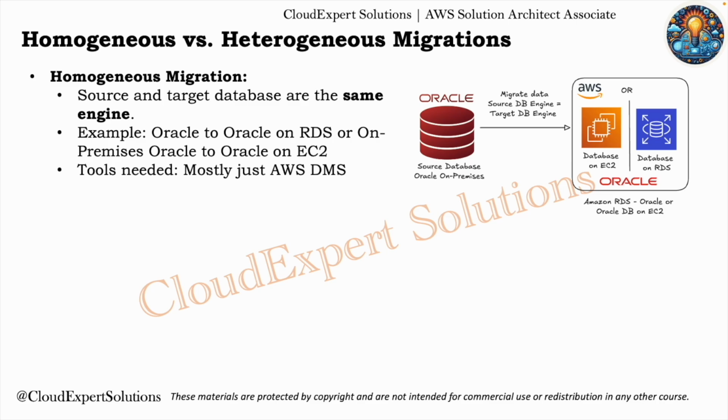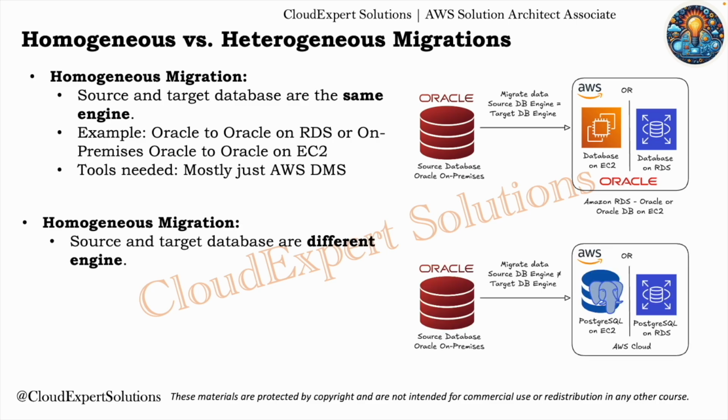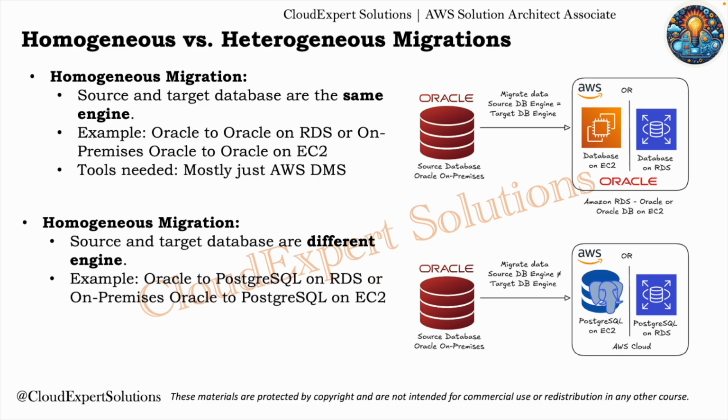On the other hand, heterogeneous migration is when you move data between different database engines, for example, from an on-premises Oracle database to RDS PostgreSQL or Aurora PostgreSQL. Here the database engines are different, meaning the schemas, stored procedures, and custom SQL code are not immediately compatible.